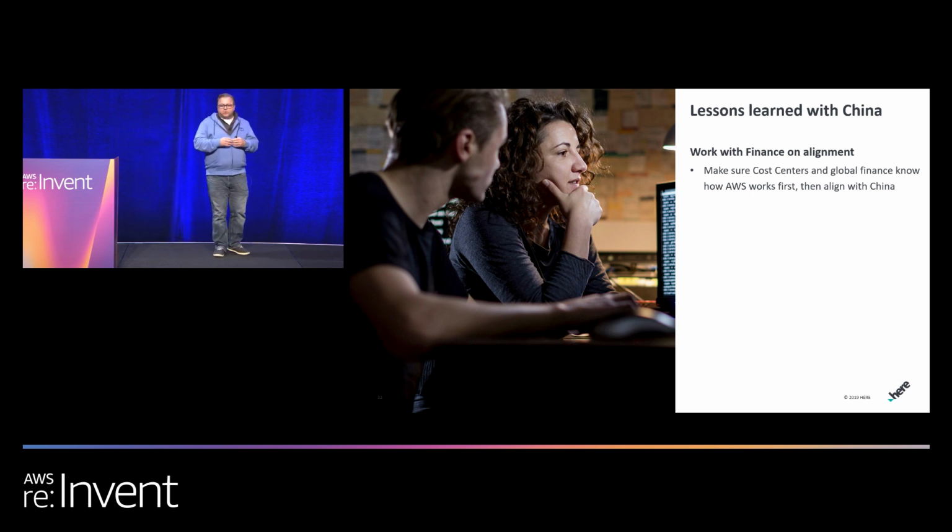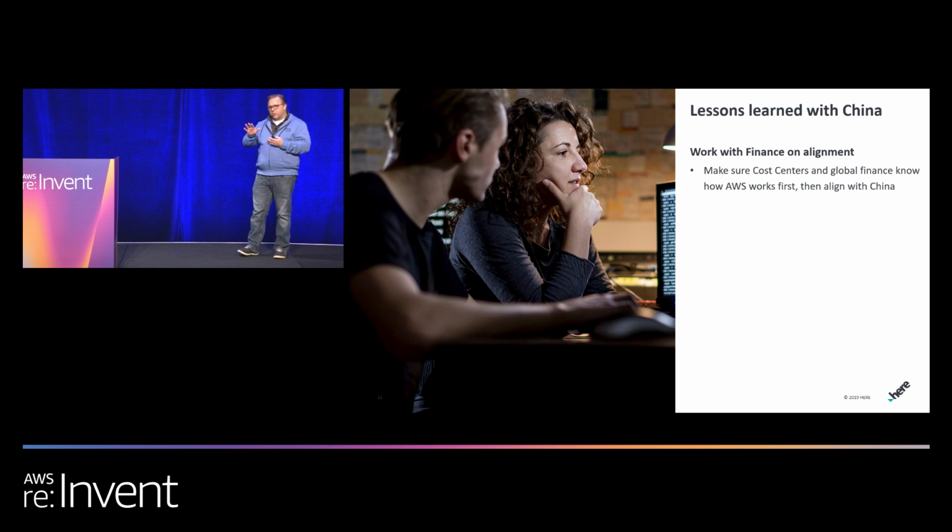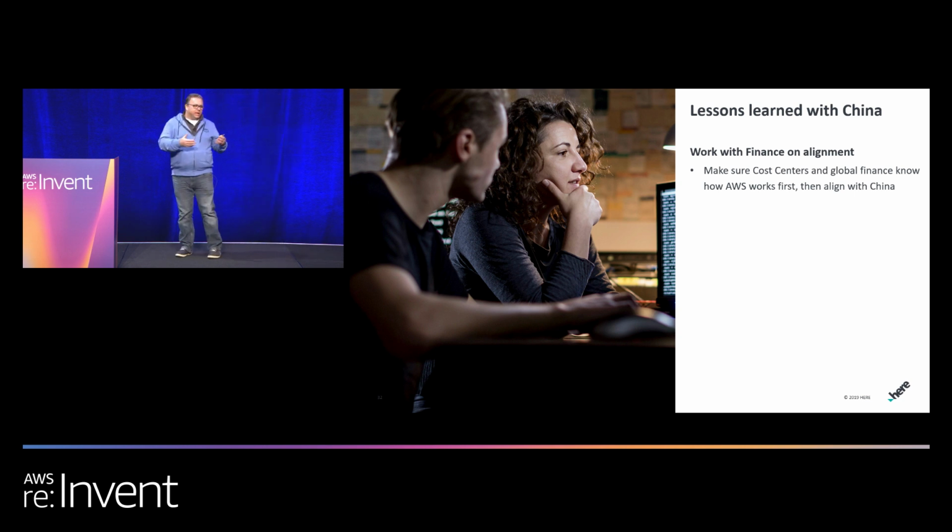So make sure that your global finance teams are prepared and they understand the bill coming in from Signet is actually AWS China, and that this is how we pay that bill, right? So this sometimes requires a little bit of extra process management, but the finance teams really knowing how to handle this from day one means that there won't be a holdup in paying AWS China when the first bill arrives.